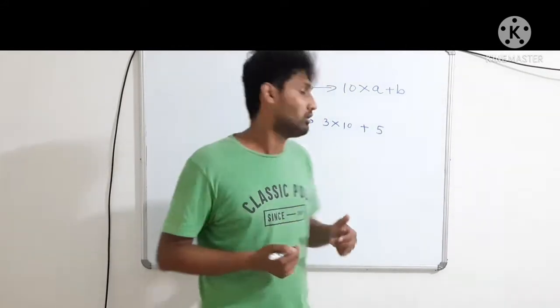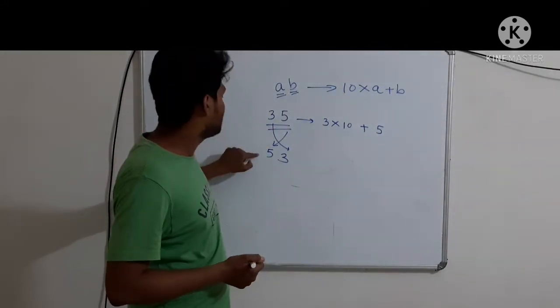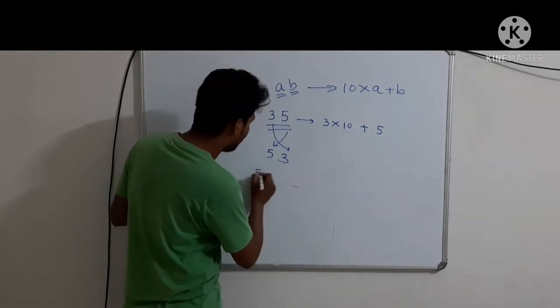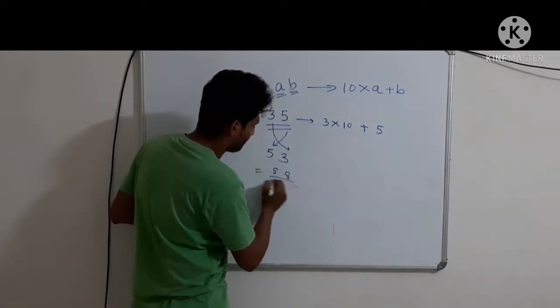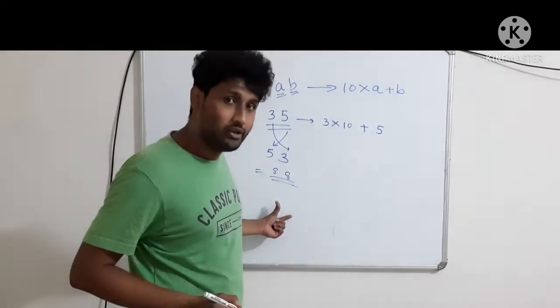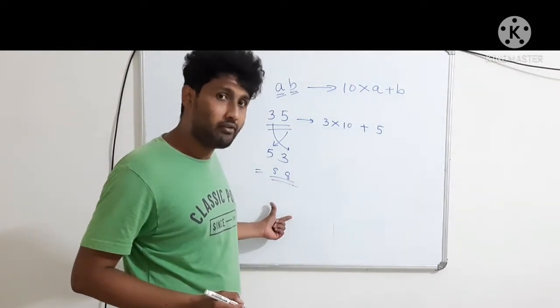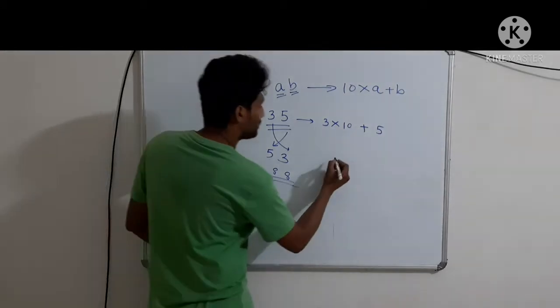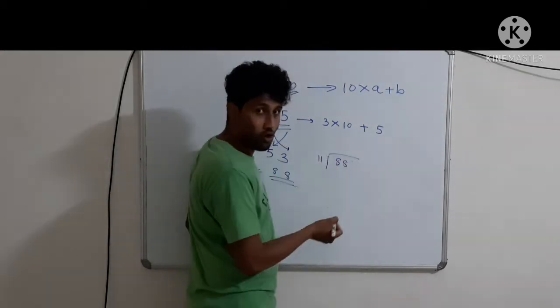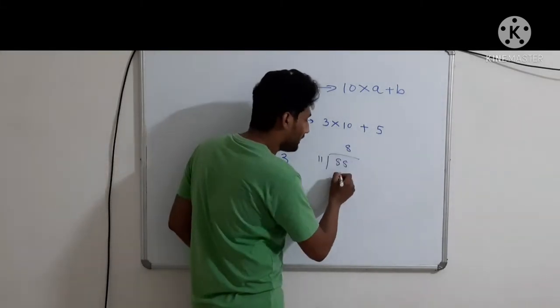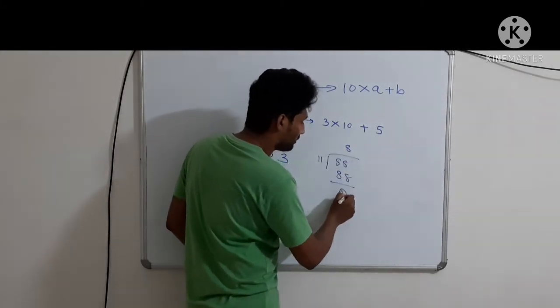So 35 plus 53, what do I get? 5 plus 3, 8. 5 plus 3, 8. If I tell you to divide this number by 11, what will you get? So 88 divided by 11. You all know that 11 8s are 88, remainder 0.